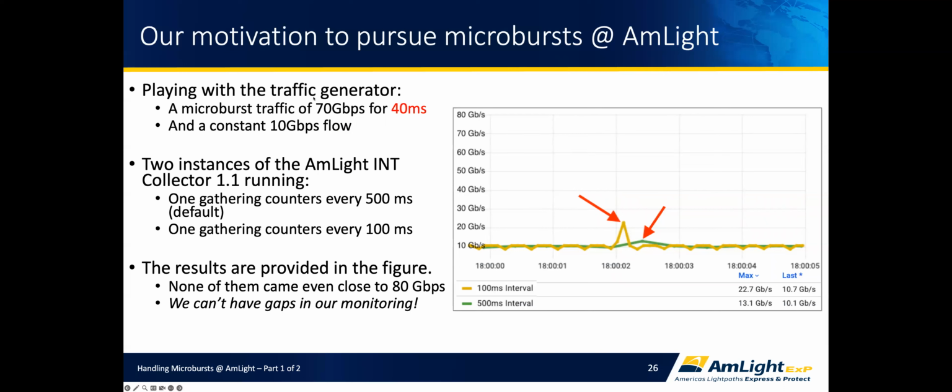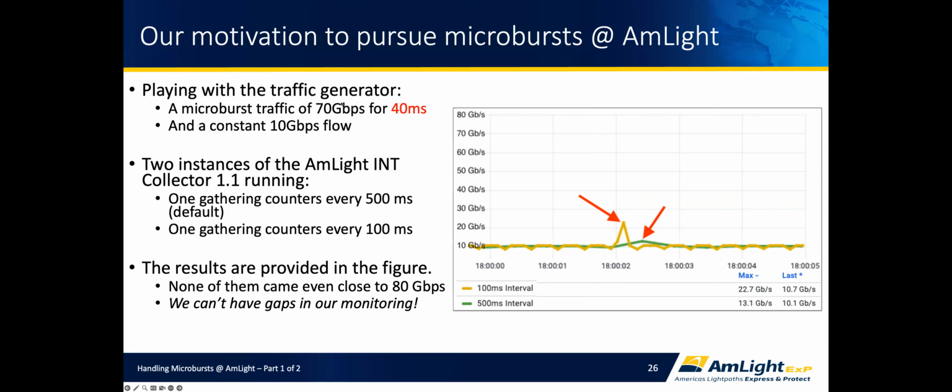This is the real one, where we tried to generate a 70 gigabits per second microburst for only 40 milliseconds with background noisy traffic of 10 gigabits per second. And then we ran 2 instances of the INT collector, one collecting data every 100 milliseconds and another collecting data every 500 milliseconds. And this is the outcome.